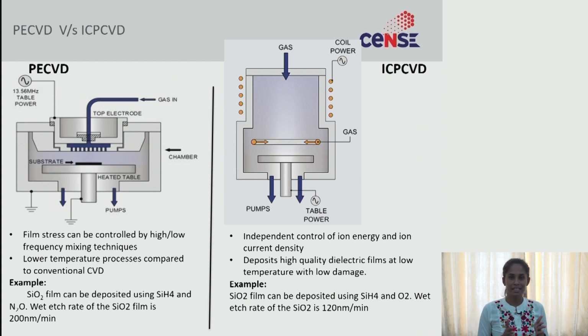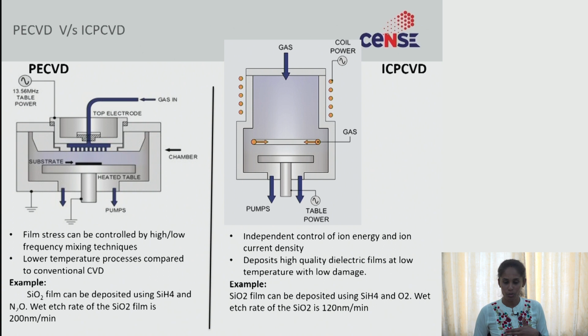So consider the films deposited in PECVD and ICP-CVD. One example is that an SiO2 film can be deposited using silane and nitrous oxide in PECVD. The wet etch rate of that SiO2 film is 200 nanometers per minute.